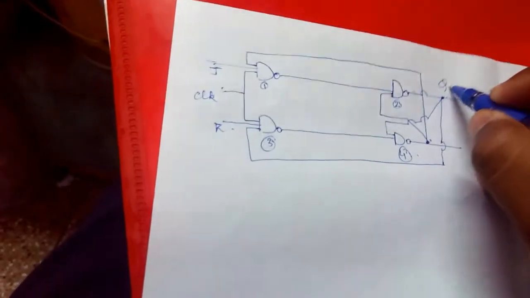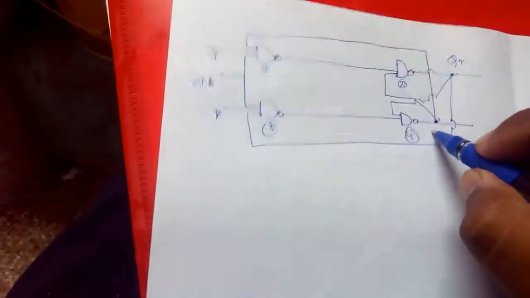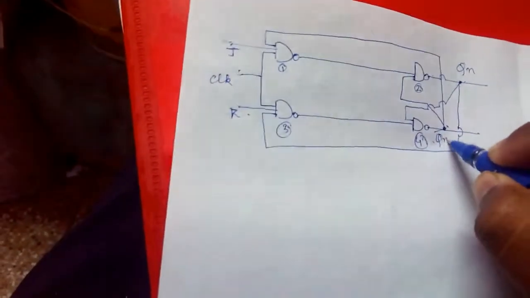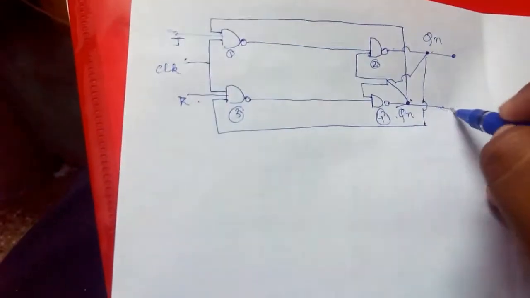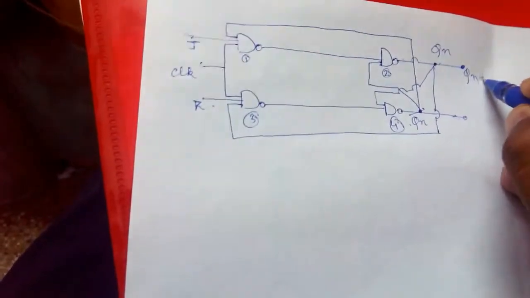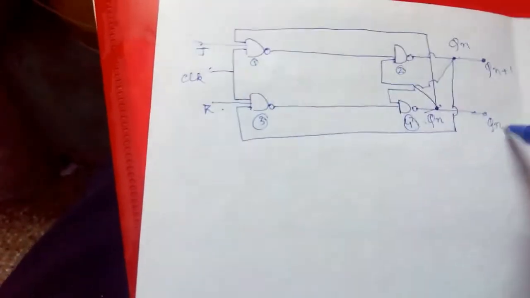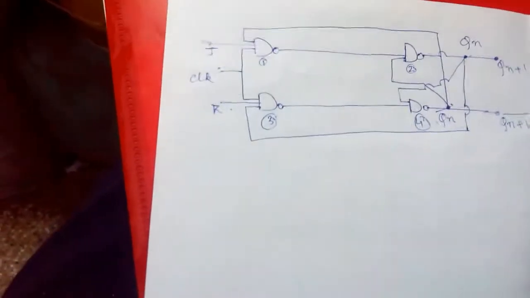Let's name it as Qn, therefore this would be Qn dash, and let the outputs be Qn plus 1 and Qn plus 1 dash.